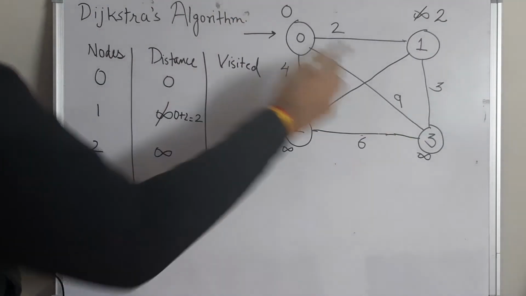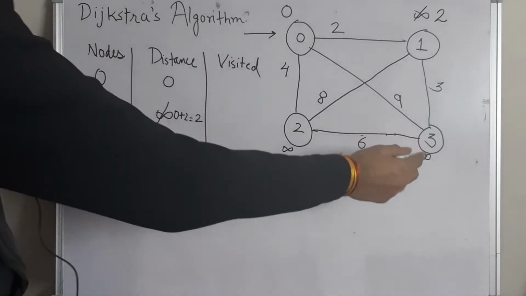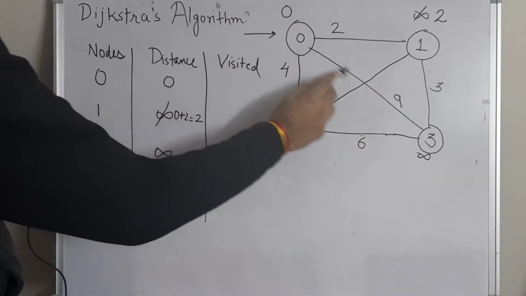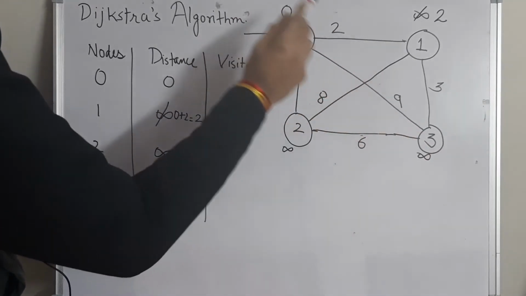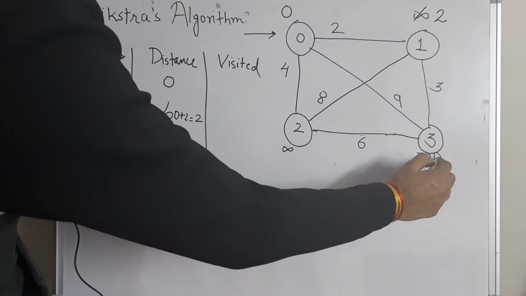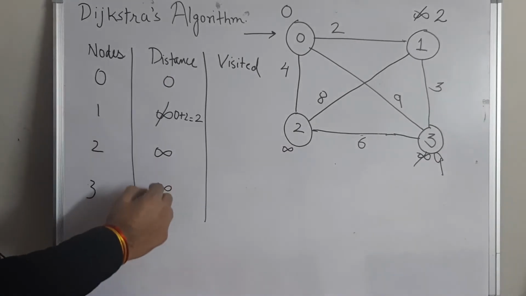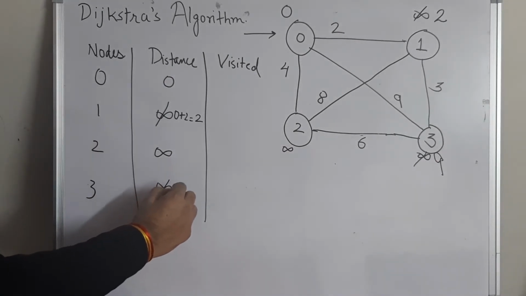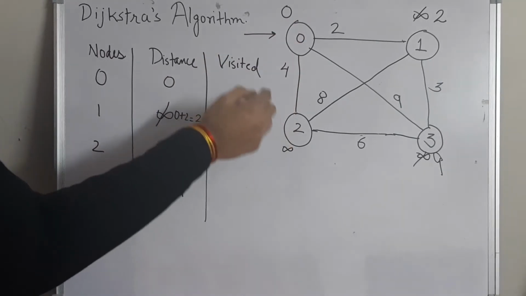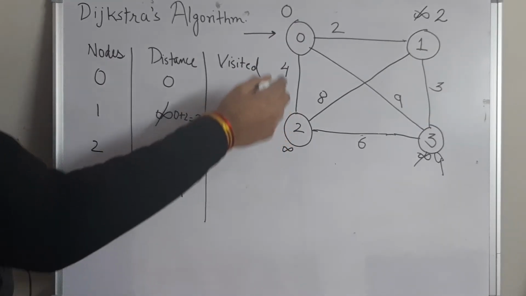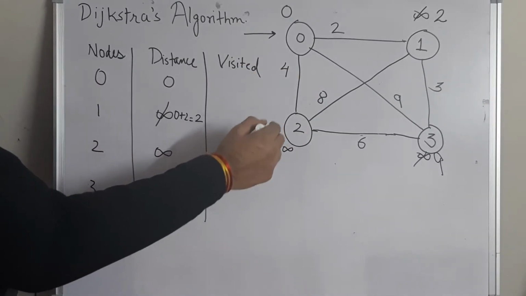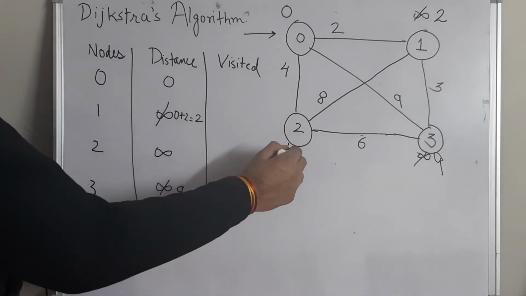Similarly, we will check for the vertex 3. At present the vertex 3 has a weight of infinity, and 0 plus the edge weight 9 is less than infinity. So we will make an update here: 9. Now we'll check the remaining vertex, which is 2. 0 plus 4 is less than infinity, so we'll make an update over the weight of 2.